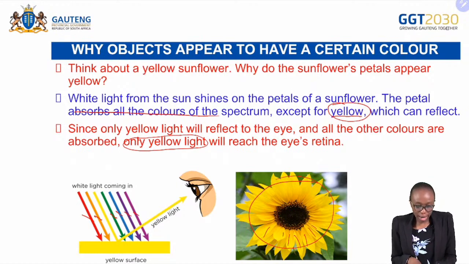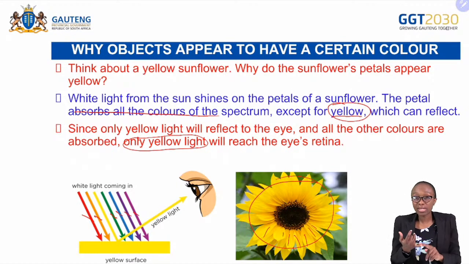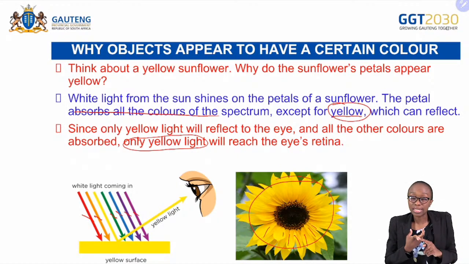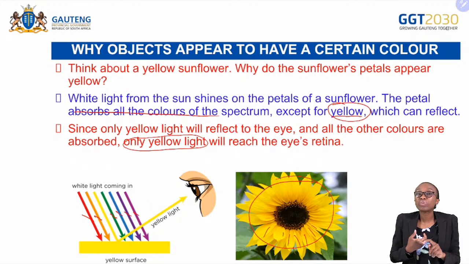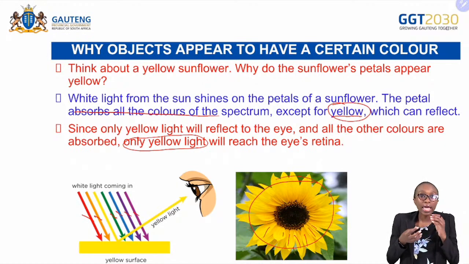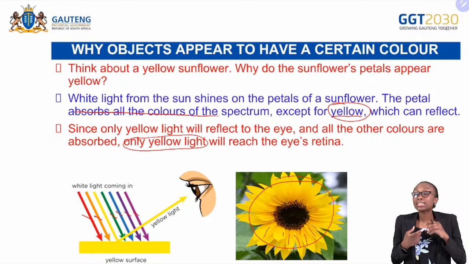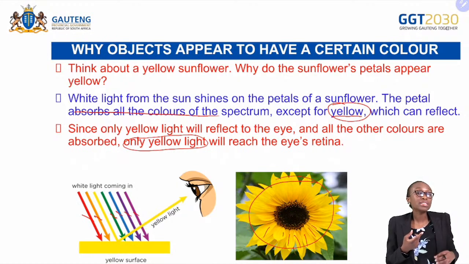So the yellow light is going to go into the eye, past the cornea, the pupil, the lens, and it reaches the retina. So that color yellow has reached the retina. What happens at the retina? Remember, the retina has specialized receptor cells that are able to detect a wavelength and a frequency. So all these colors have their own special, unique wavelengths and frequencies.